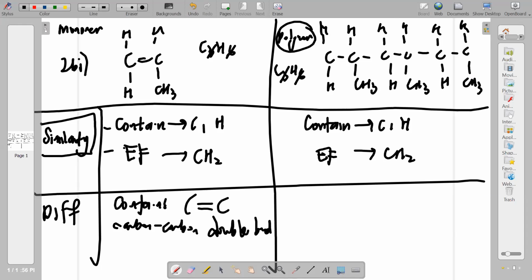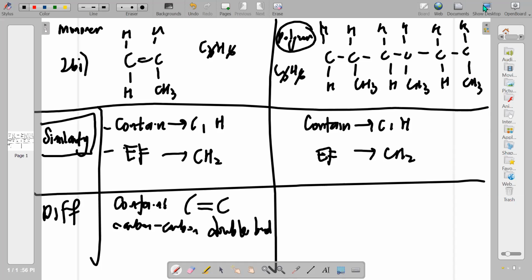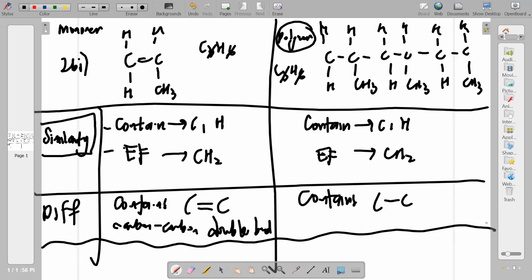Taran, are you able to answer? No, carbon single bond. Very good. It contains carbon single bond. Correct. So now do you understand that polymer question already in our class? Does that make sense to you now after teacher doing it for you like this? Is it helpful? Yes, sure.